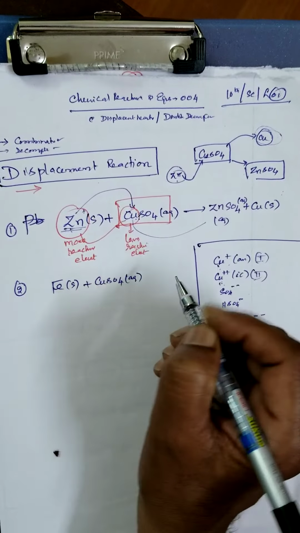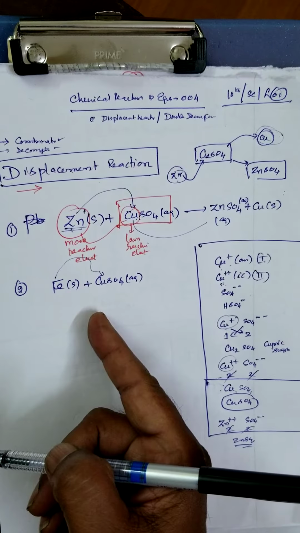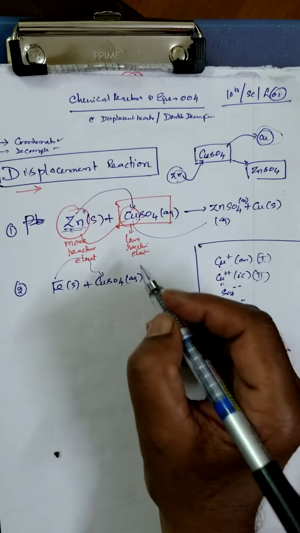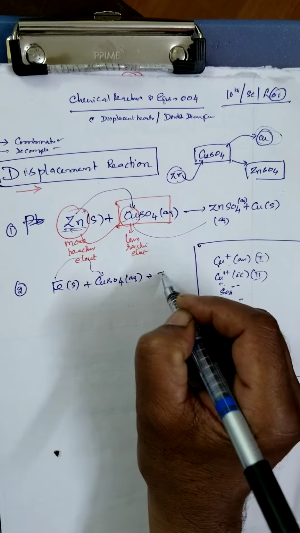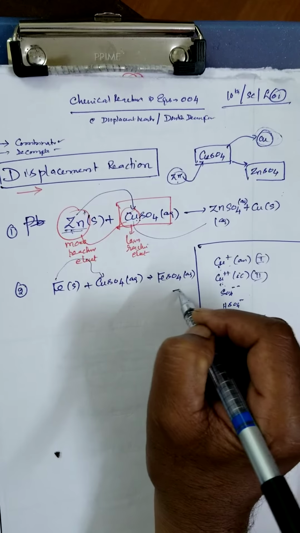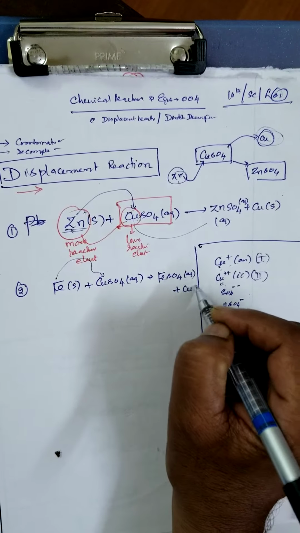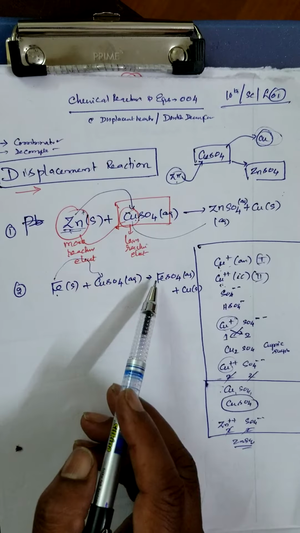This is aqueous. Iron displaces copper. Okay, forms ferrous sulfate plus copper. Here also balancing is easy.